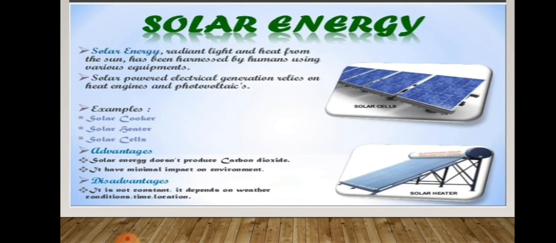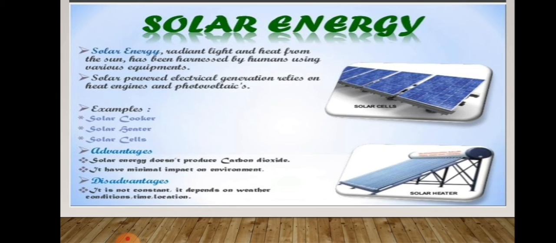Next is solar energy. Solar energy, which radiates light and heat from the sun, has been harnessed by humans using various equipment, for example solar cooker, solar heater, solar cells.